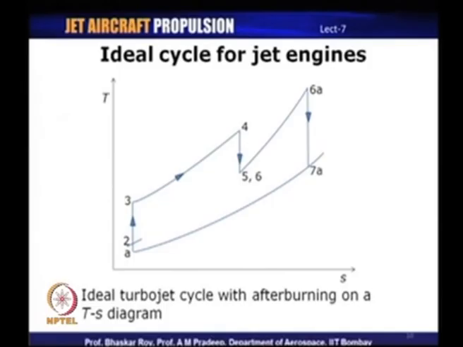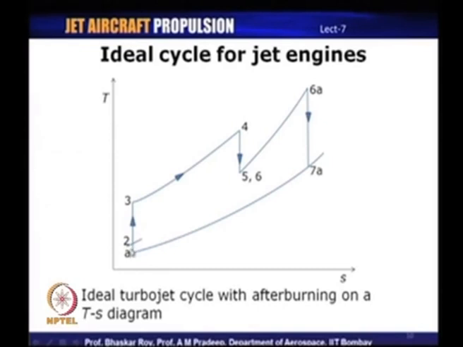So, an ideal turbojet with afterburning would look something like what is shown here. The first process, the compression process, is the same as that of a non-afterburning turbojet. It consists of two distinct compressions.